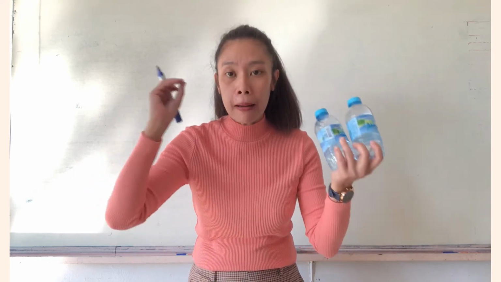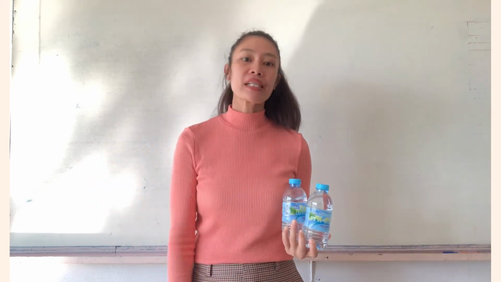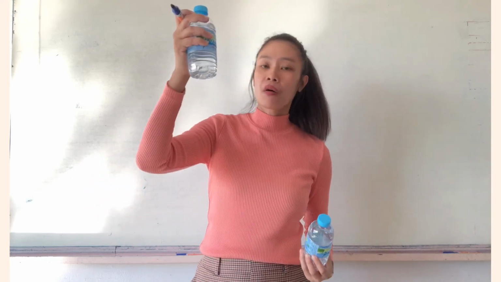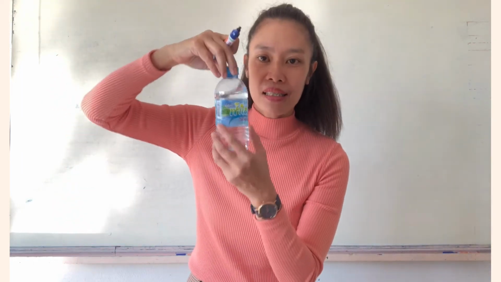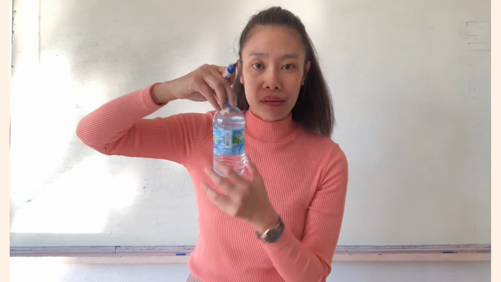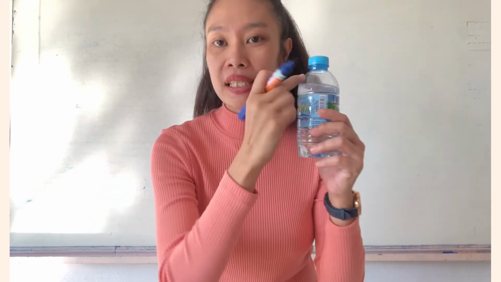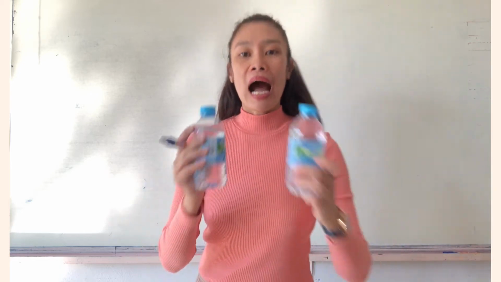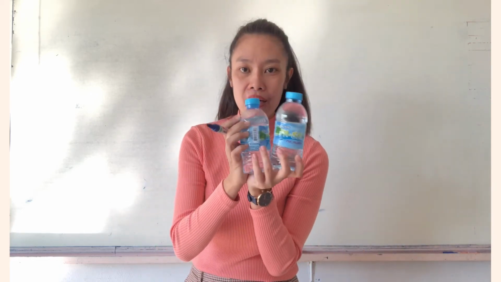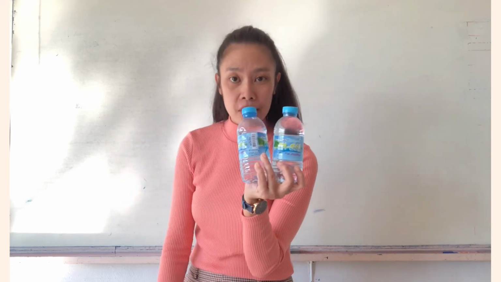Let's talk about how to count the uncountable nouns. How do we count the uncountable nouns? By where we put them. For example, water. What is this? Bottle. And what's inside the bottle? Water. So now, how many bottles are there? 2 bottles.